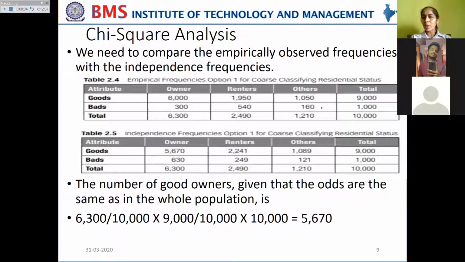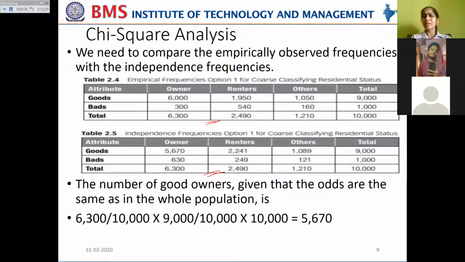Now we need to compare the empirically observed frequencies with the independence frequencies. Observe carefully: in the first table we have empirical frequencies, and in the second table we have independence frequencies. Let me explain how we have calculated the independence frequencies from the empirical frequencies.